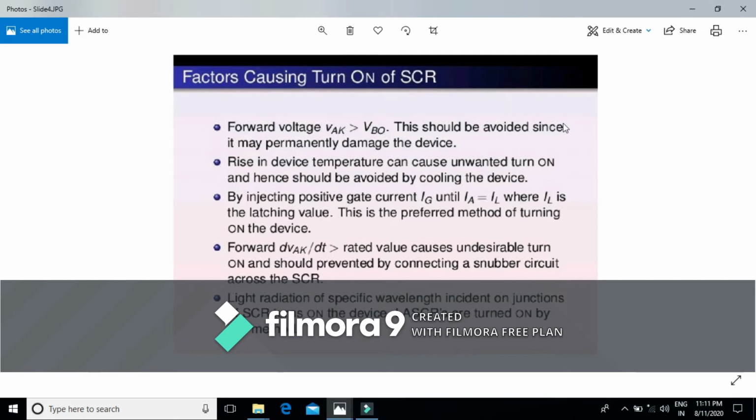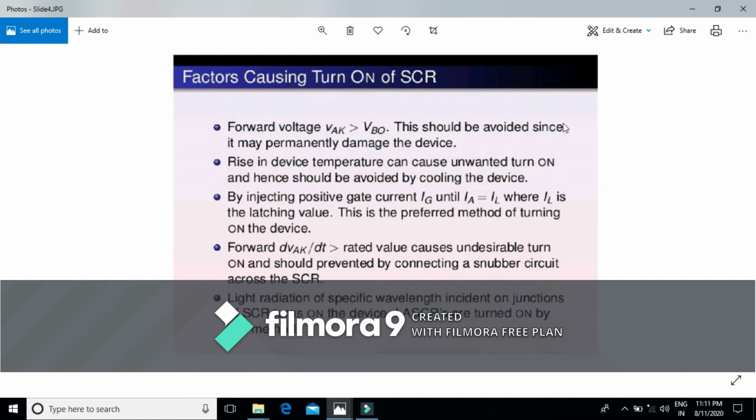Gate triggering is the simplest, the most reliable, and the most efficient method of triggering. In this case, the thyristor works with normal working positive voltage and positive gate current.